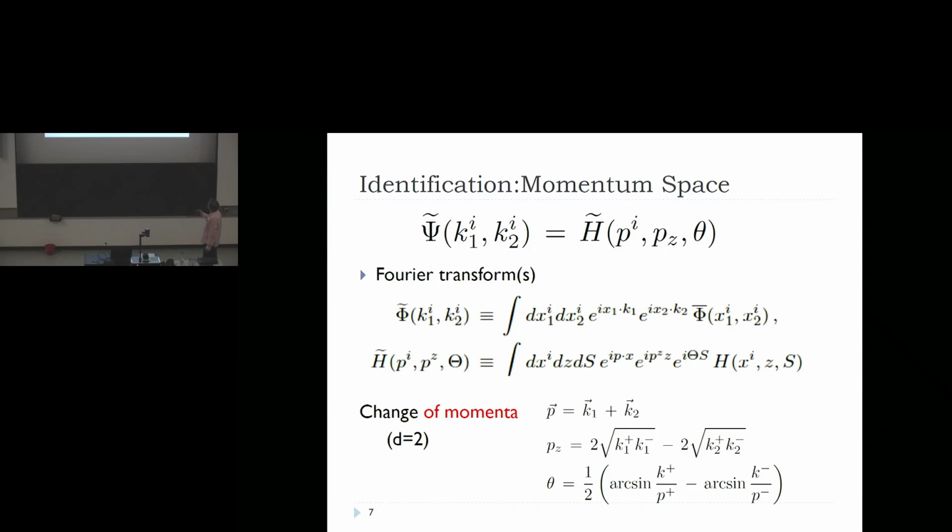There is a change not of coordinates, which we actually tried first. You first try to change coordinates, doesn't work. But changing momenta, it does work. And there is a very clear reason for that. For example, in d equal 2, which I already mentioned, this would be the correspondence between the change of variables in momentum space, and this is a very elementary example of holography exhibited explicitly, meaning that this is a change of momenta from the bilocal momenta.